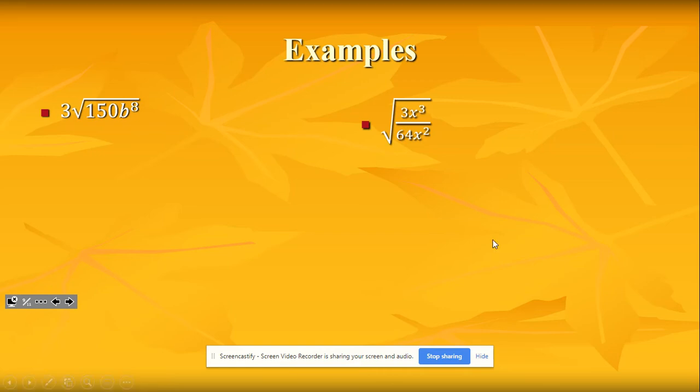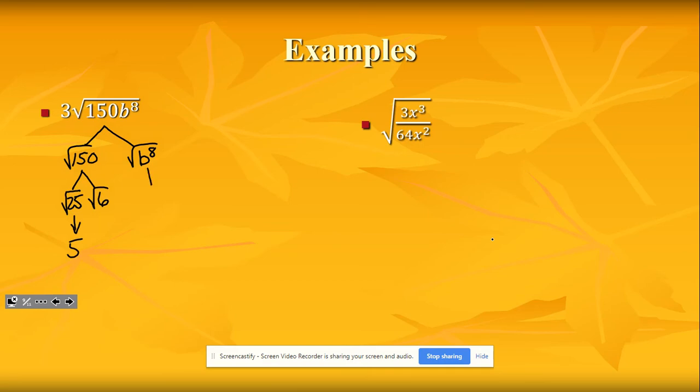So for the left side, I'm going to leave 3 alone and break up radical 150 and radical b to the 8th. Radical 150 can simplify into radical 25 and radical 6. Radical 25 is 5.